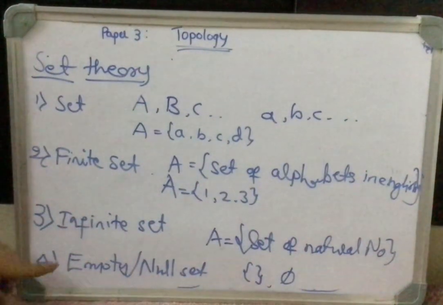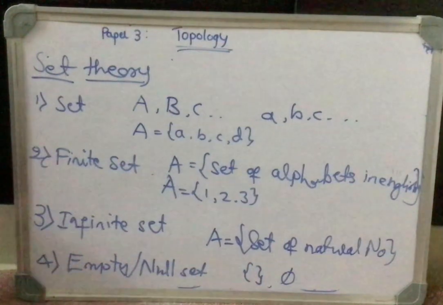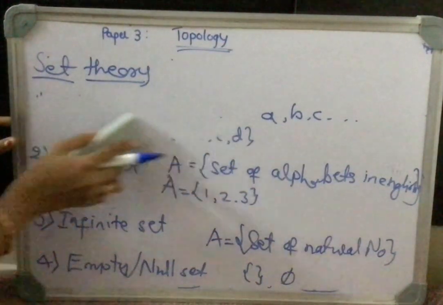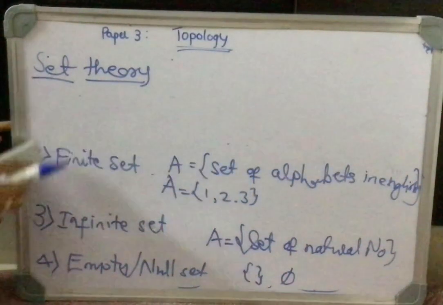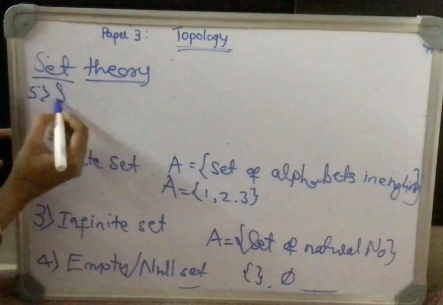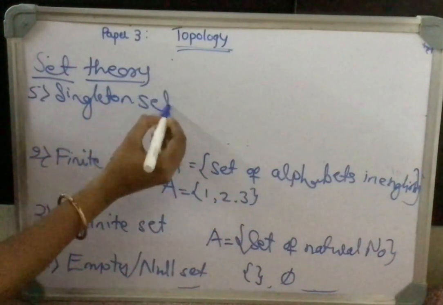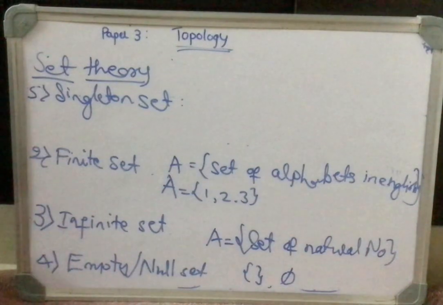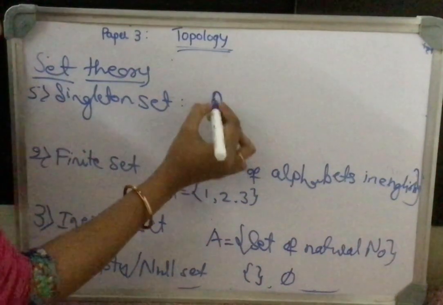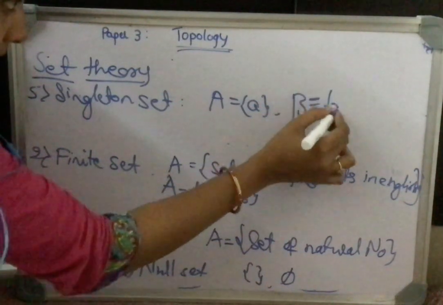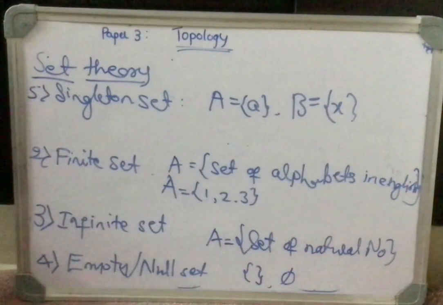A set which has no element is called an empty set. Next is singleton set. A set which has a single element, or one element, is called a singleton set. So here A is a singleton set, B is a singleton set.